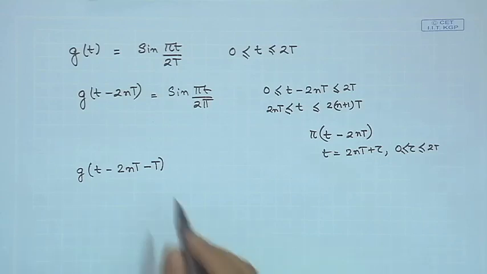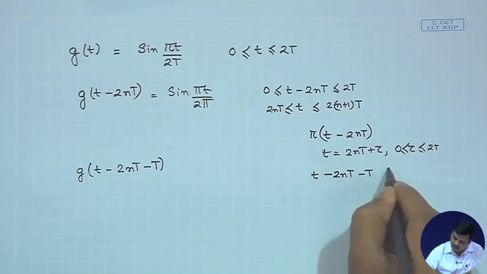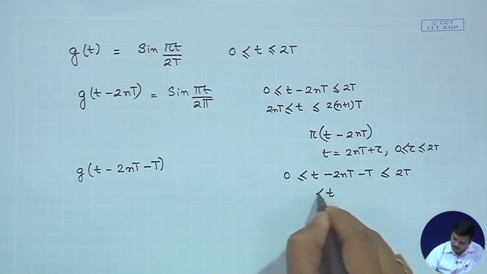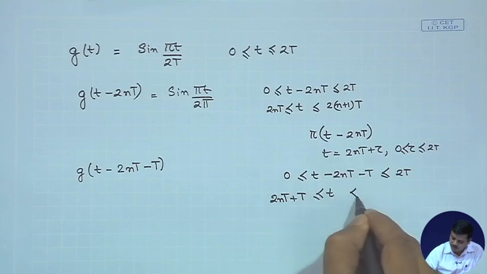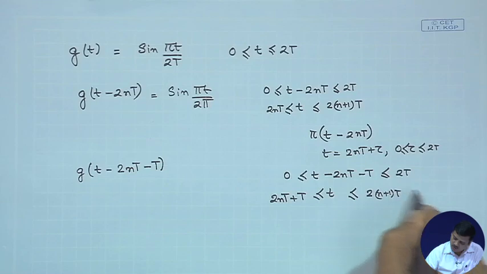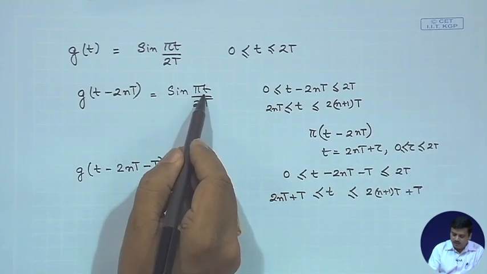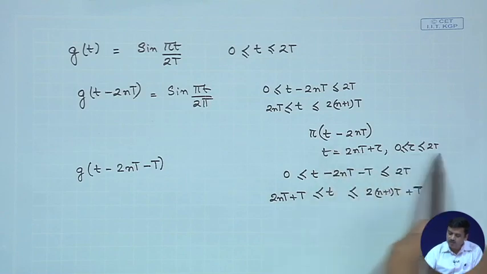If we examine this term, t minus 2nT minus T in this interval, t is greater than this and less than (2n plus 1)T plus T. In a similar way, putting this value in, you would find this turning out to be sine pi tau in the range of tau here.